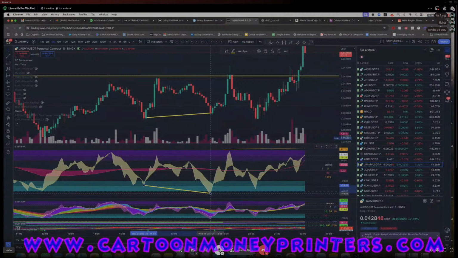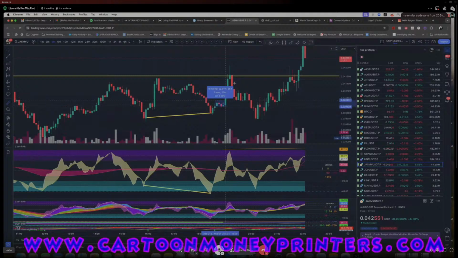Right here you had the 1 and 2 kind of going sideways. If you took this trade, let me get the ruler. All right, so almost a 6% move immediately, within like 90 minutes.